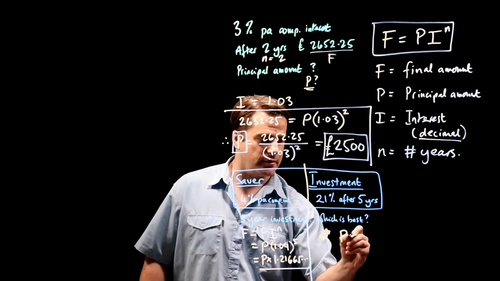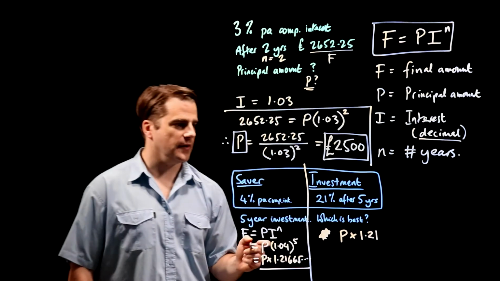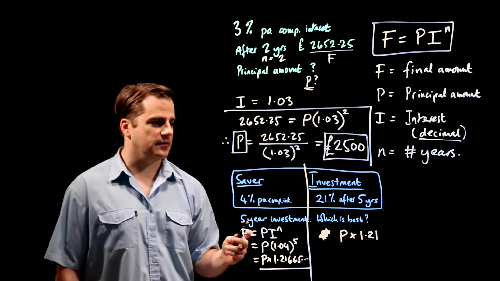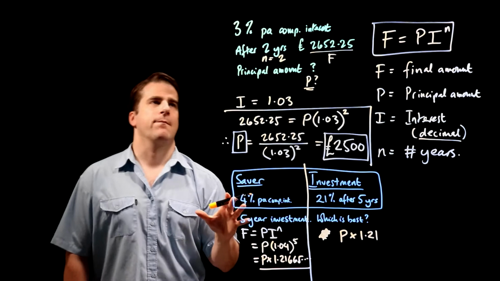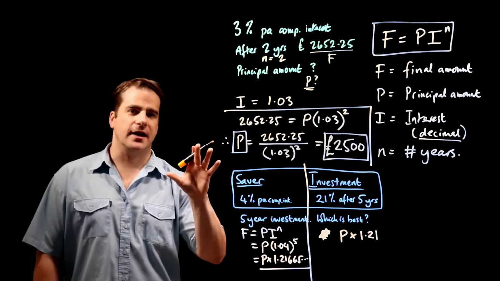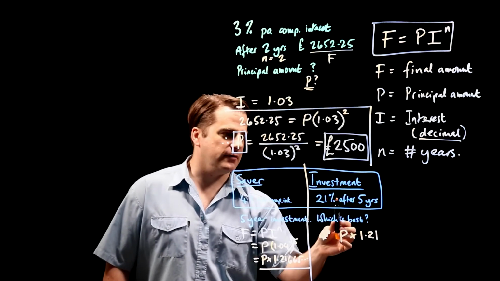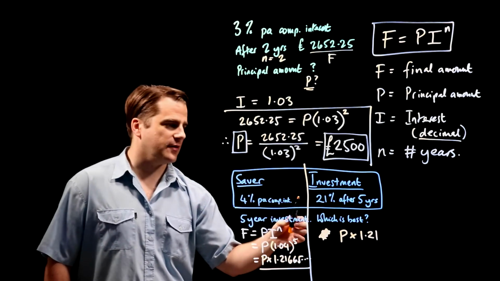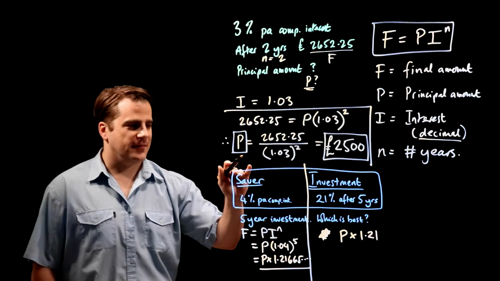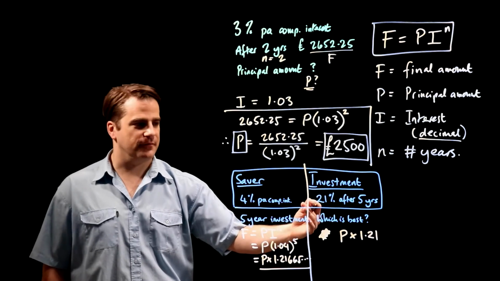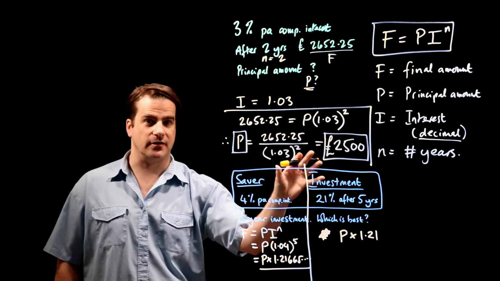So it's going to be principal amount times 1.21. 21% as a decimal is 0.21, but to work out how much you end up with, you've got the principal amount plus 21% of it.